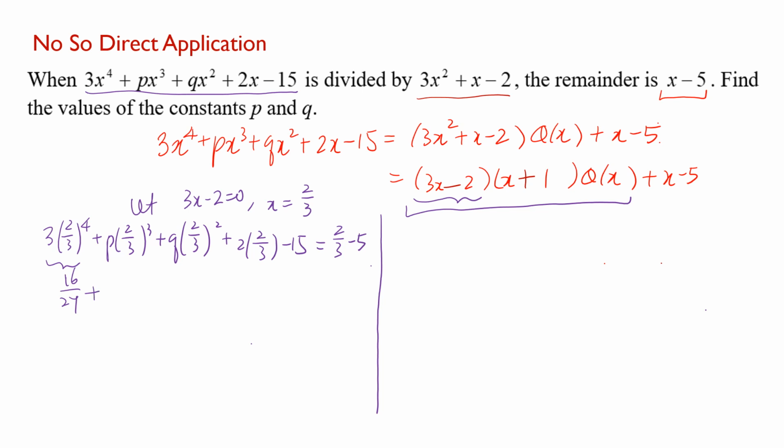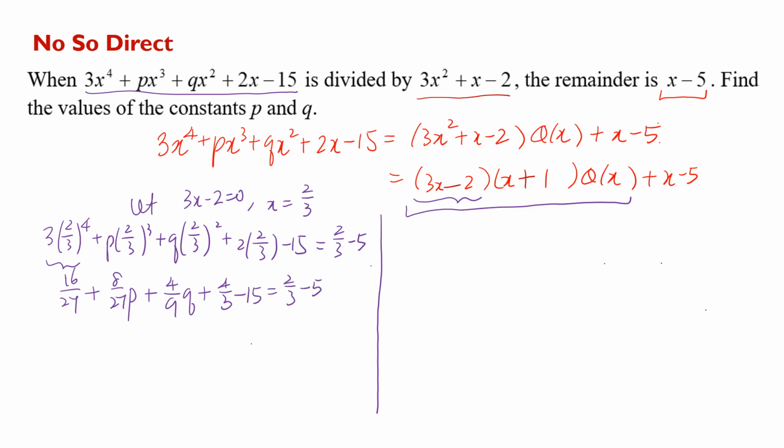I'm going to simplify further. You would have 2/3 minus 5, take away 16 over 27, take away 4/3 plus 15.